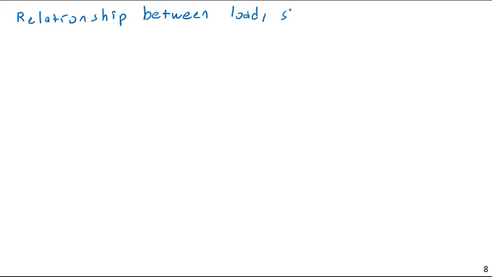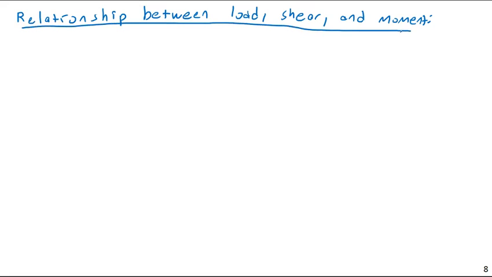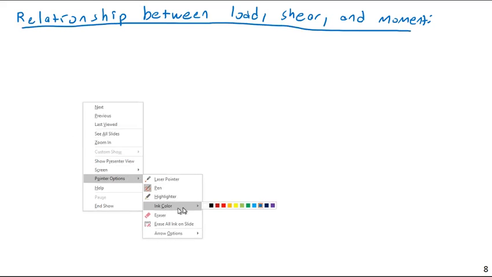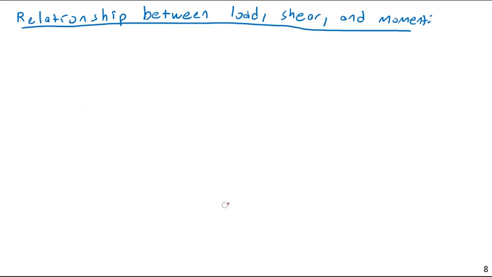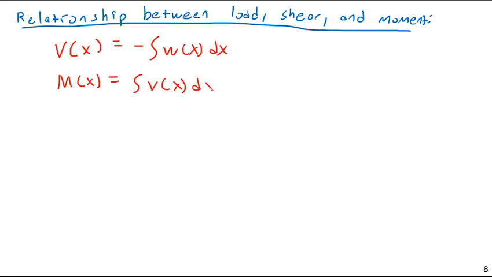You can see the handout that I will post for the full derivation of this, but the basic idea is this: V of x is equal to the negative integral of w of x dx, and M of x is equal to the integral of V of x dx.